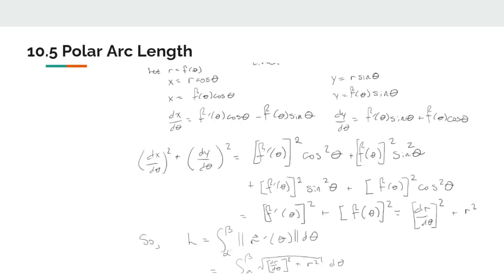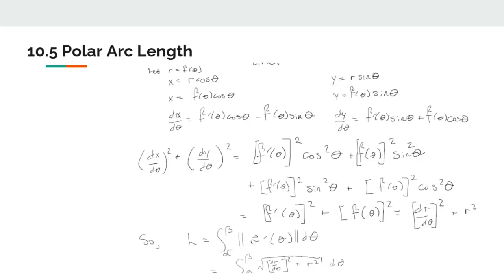So I just derived this arc length formula right here. r is a function of theta. We know this from the polar coordinate transformation: x equals r cosine theta, y equals r sine theta, but r is a function of theta, so we can replace r with f of theta in both of these.